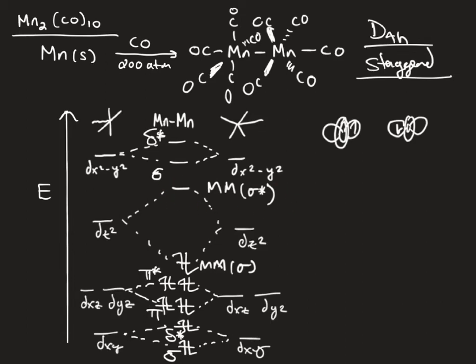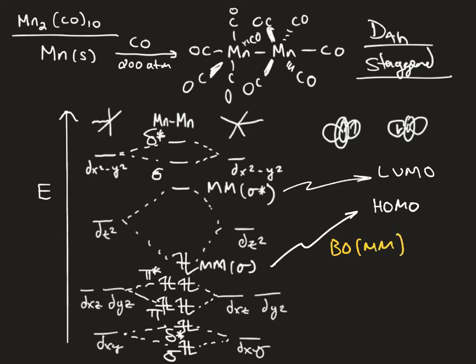So the sigma bond corresponds to the HOMO, and this corresponds to your LUMO. So first off, we can calculate a bond order for the metal-metal bond, and that's just 1/2 the number of bonding minus anti-bonding electrons.